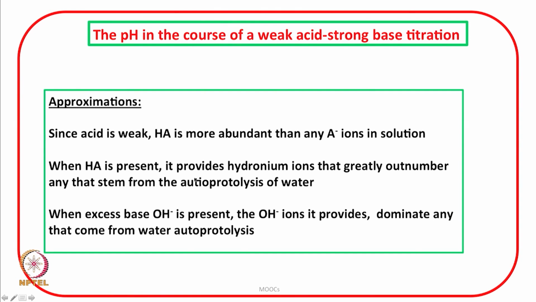This is also an assumption: we will be ignoring the hydronium ions coming from autoproteolysis of water, and we will be considering hydronium ions that come from HA. And when excess base is present, the OH minus ions which come from the base will dominate any that come from autoproteolysis of water. These are the approximations that we are going to make.